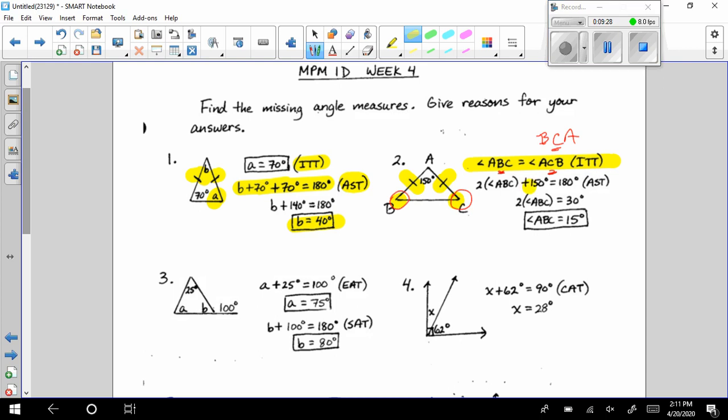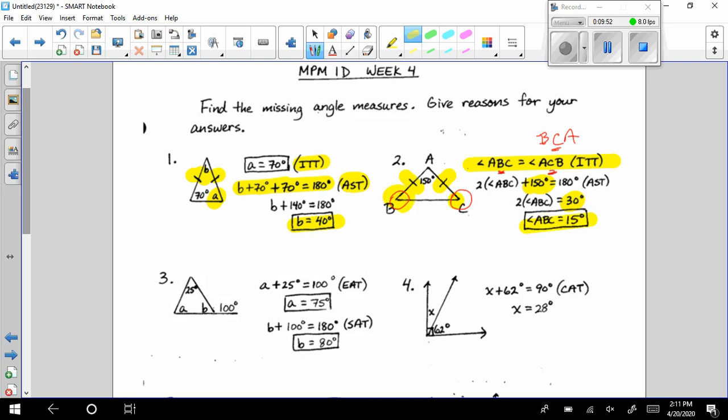I subtracted 150 from this side of the equation. I did the same thing from this side of the equation, and it gave me a 30 in that position. So now 2 times the value of angle ABC is equal to 30 degrees. If I divide both sides by 2, then I get the value of angle ABC, which is 15 degrees.